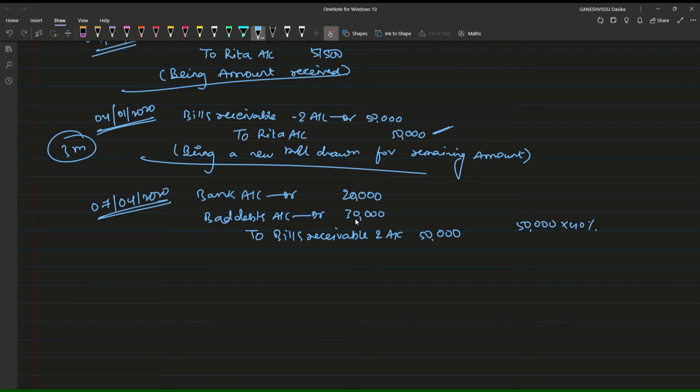Simply 30,000 is bad debts, 20,000 is the amount which can be recovered. Being 40% amount could be recovered. No, this is not the narration.